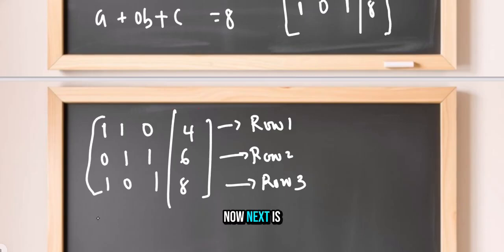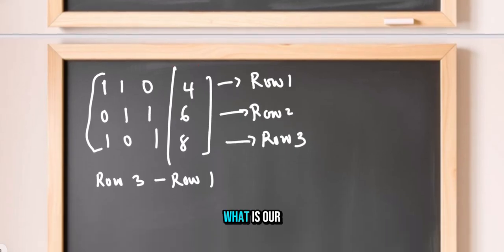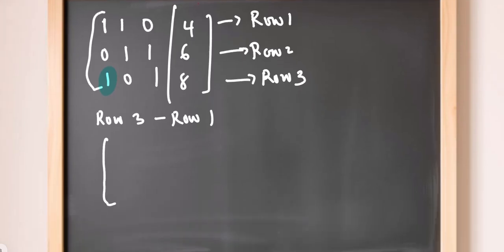Now, next is to do row 3 minus row 1. What is our objective? Our objective is to get rid of this 1 and have a triangular matrix. So now we have row 3 minus row 1.